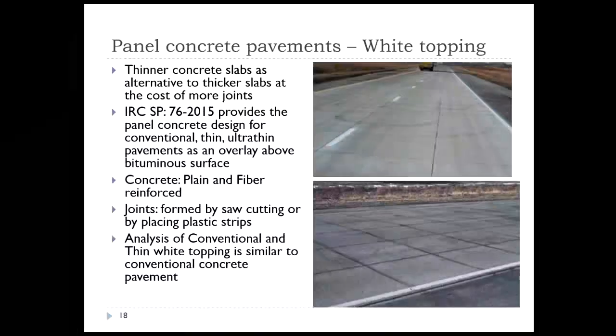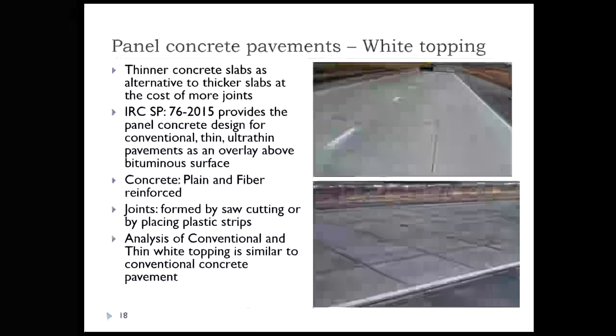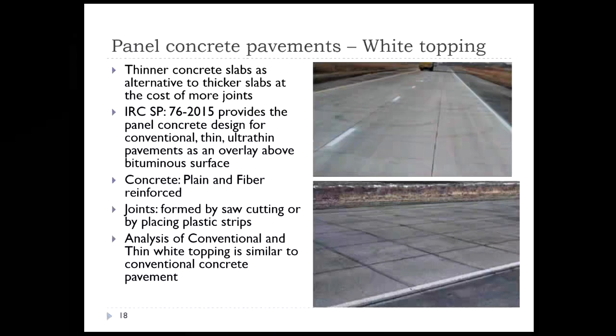Now, when panel concrete pavements are implemented on high volume roads, they mill the distressed bituminous pavement, place the concrete slab, and cut grooves within 8 to 10 hours after construction. The concrete can be plain concrete or fiber reinforced concrete, and the joints are made by saw cutting or by placing plastic strips.